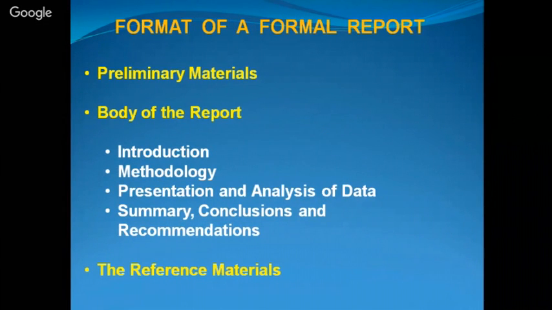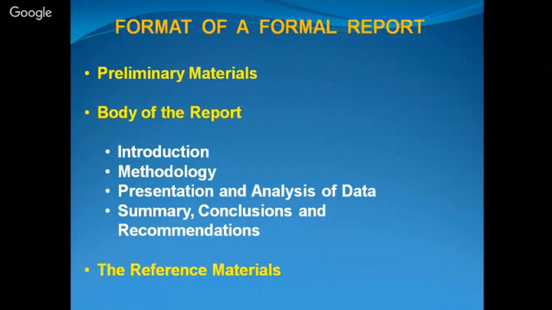Now coming to the format of a formal report, thesis, etc. And the format, if you look at the format, there are three sections. One is the preliminary section, or you can say preliminary material.